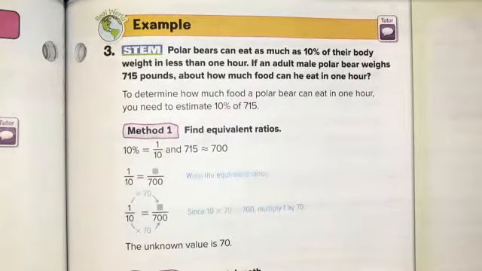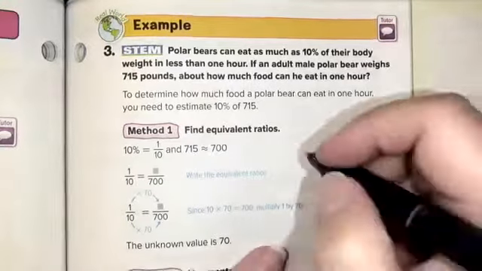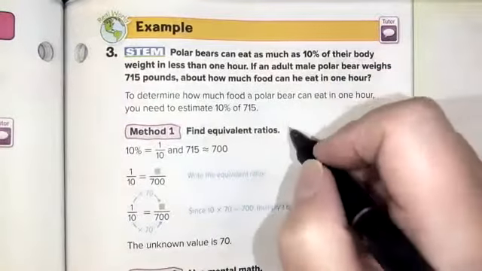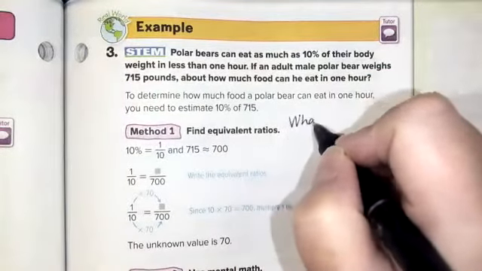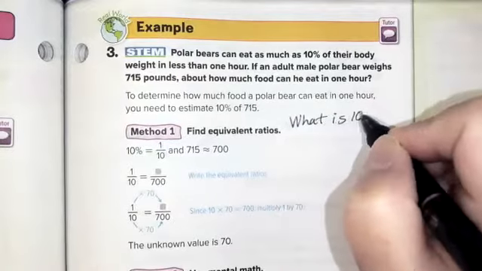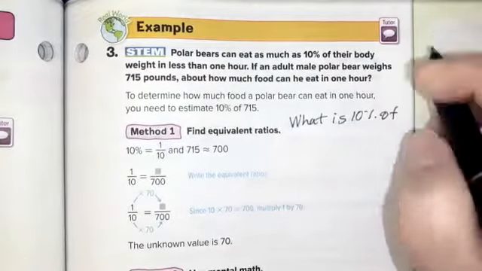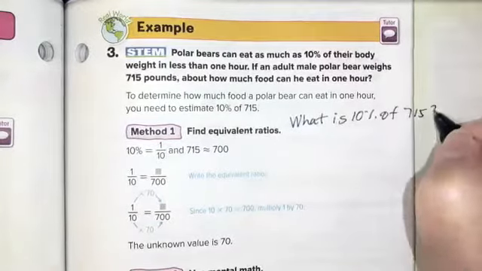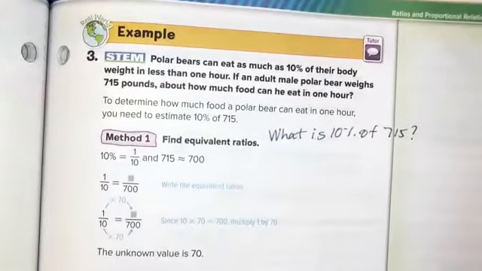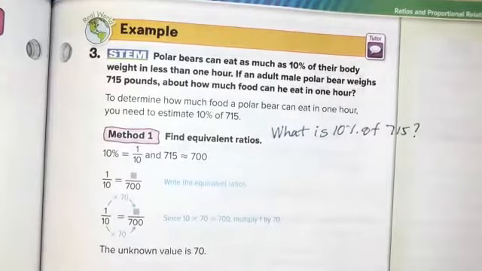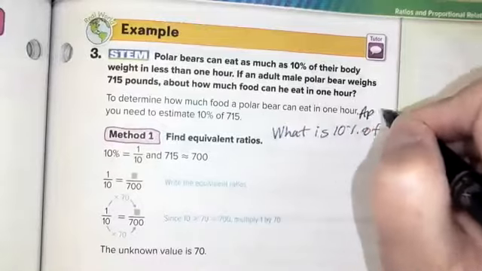If an adult male polar bear weighs 715 pounds, about how much food can he eat in 1 hour? So the question is this: what is 10% of 715? Okay, so that's the question that we're truly being asked. So we're estimating 10% of 715, approximately, because it's an estimating problem.